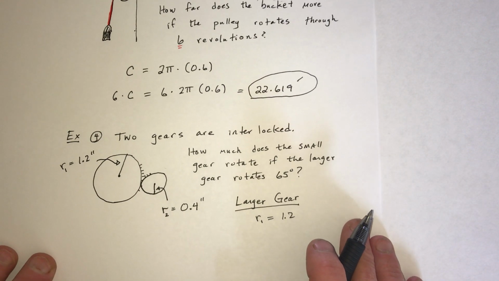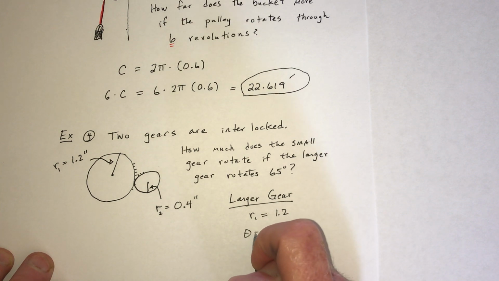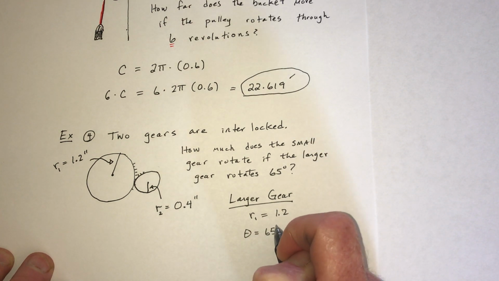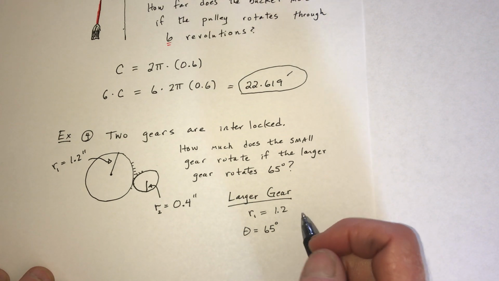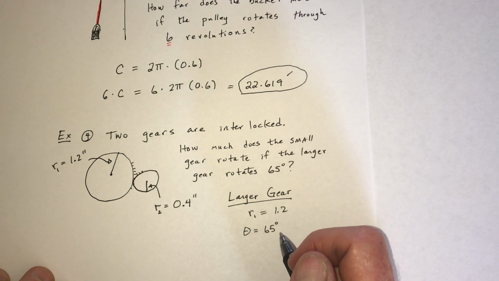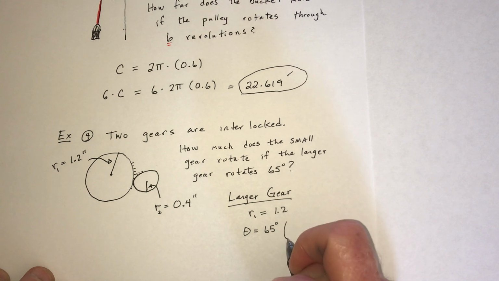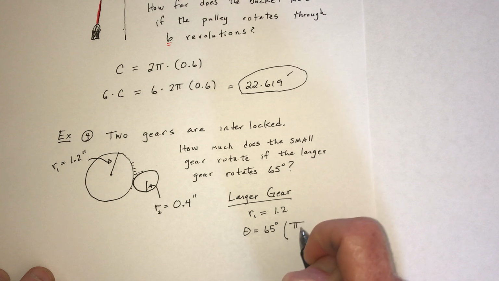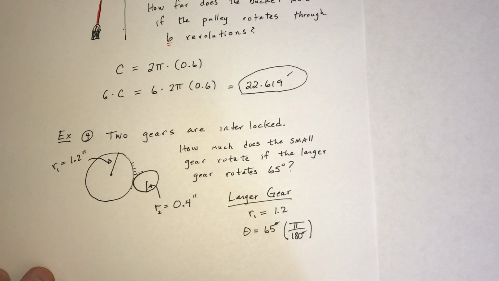Okay, back to this one. So theta is equal to 65 degrees, and I prefer to use the formula S equals R times theta if it is in radians. So I'm going to change this to radians. So that would be times pi over 180. And now that's in radians. And then find out the arc length.